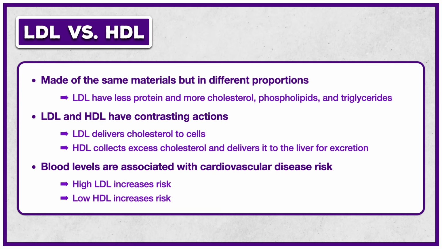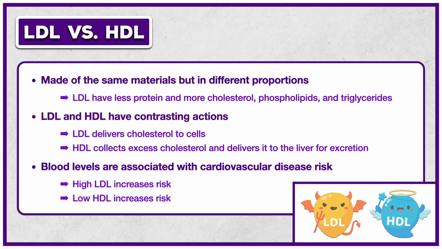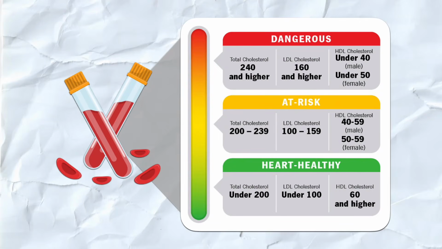Lastly, blood levels are associated with cardiovascular disease risk. We have already seen how a high LDL increases risk. Now we see that a low HDL also increases risk. Given the detriment of high LDL and the benefit of maintaining the appropriate amount of HDL, people often refer to them as bad and good cholesterol respectively.